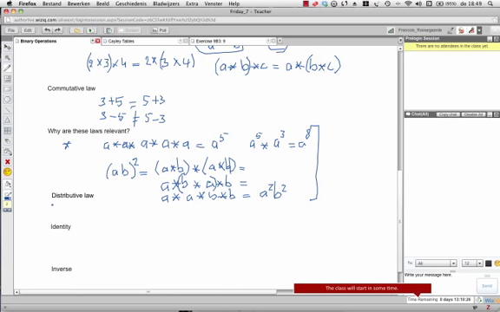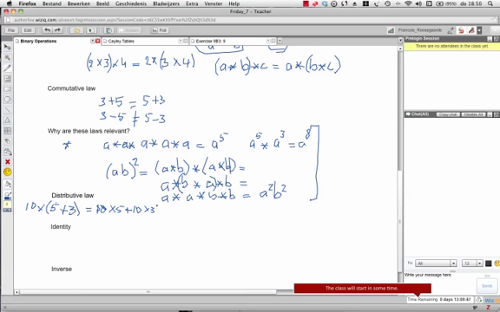Now, to give you an example for the distributive law, I could say that multiplication is distributive over the addition. If I have 10 times (5 plus 3), I can write this like 10 times 5 plus 10 times 3, and of course both are 80.